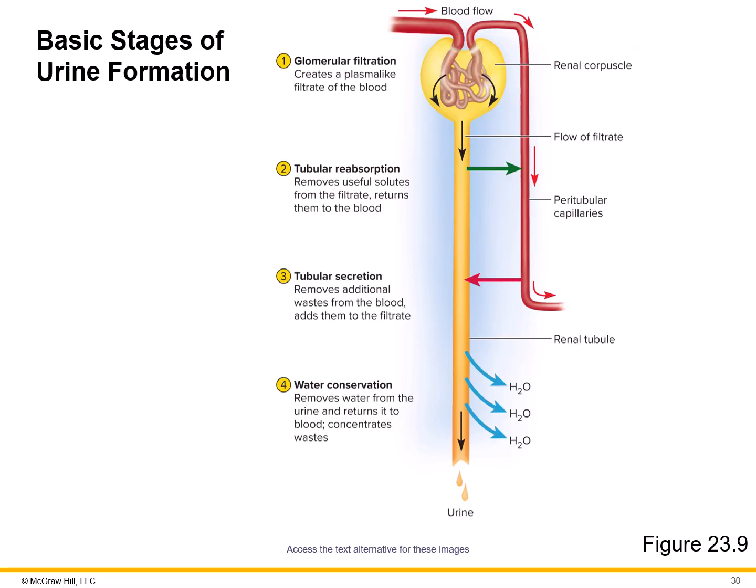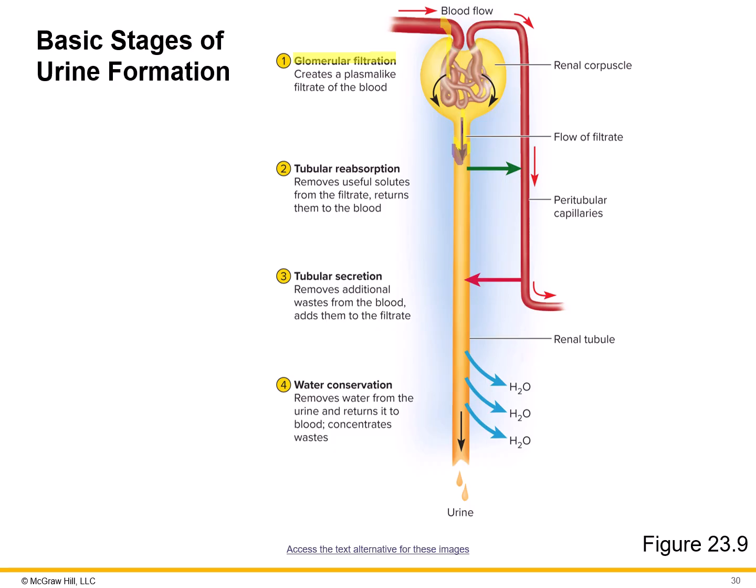So here are the basic stages. Number 1, glomerular filtration. Bring the blood in, we hit our first capillary bed, and we filter it. All of the wastes will make their way into this space between our layers, the parietal and visceral, and will drain that filtrate into our tube this way.